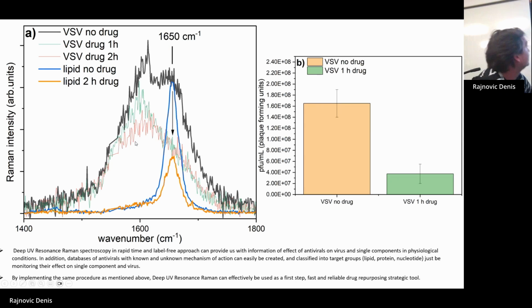So in this graph, you can see how the 1650 band got instantly perturbed after 1 and 2 hours, the black, the red and the green one. And when I exposed the drug to the single components, you can only find this effect on the lipids, which my lab mates also determined.